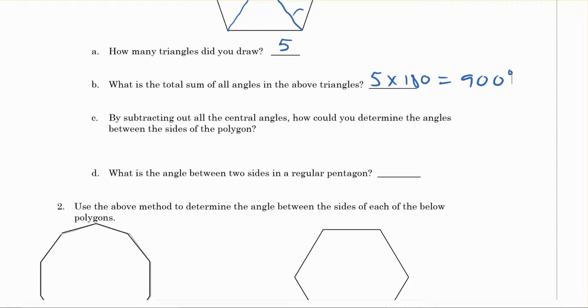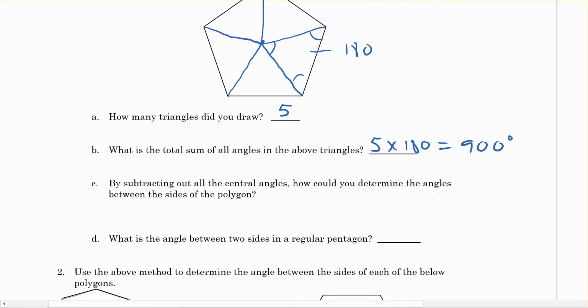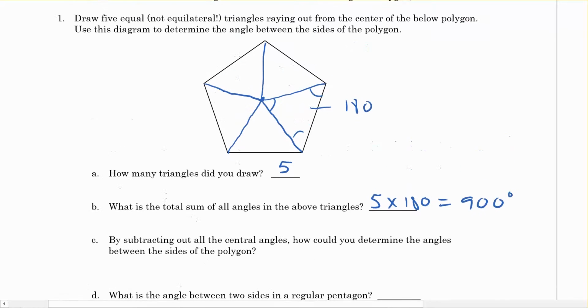All right, so by subtracting out all the central angles, how could you determine the angles between the sides of the polygon? So we don't want these angles anymore, so like all our central angles. We want to take those out of the equation. So I know that if you do a circle from one spot all the way around and back to where I started, that's 360 degrees.